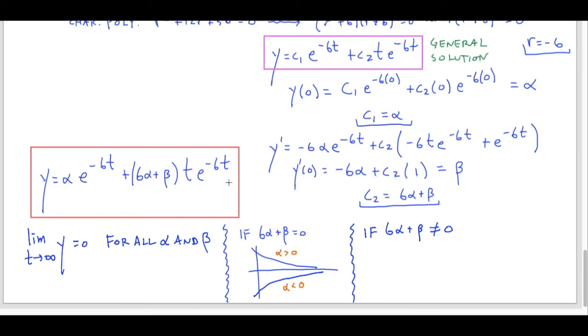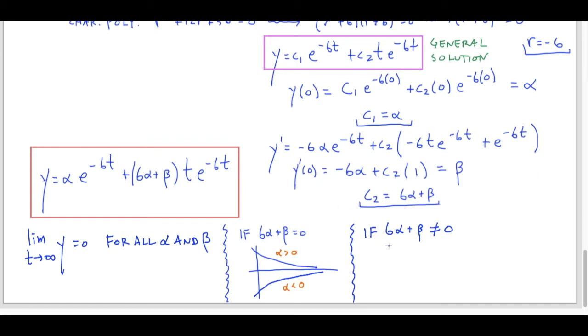This second function here will vanish as t grows without bound. That is, for large t values, this exponential will dominate and it'll push the solutions to approach 0. But for small t values, this linear function dominates. So the function will actually grow positively or negatively based on this coefficient. So it'll grow for small t values, then turn around and approach 0.